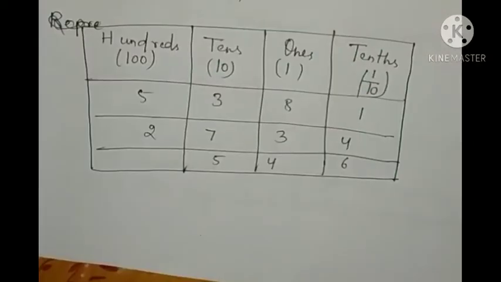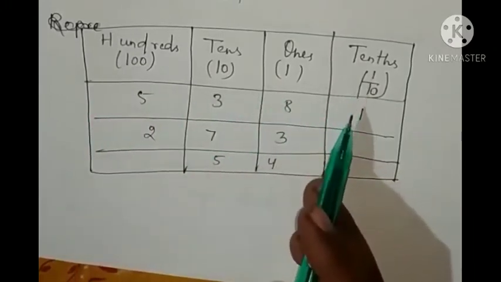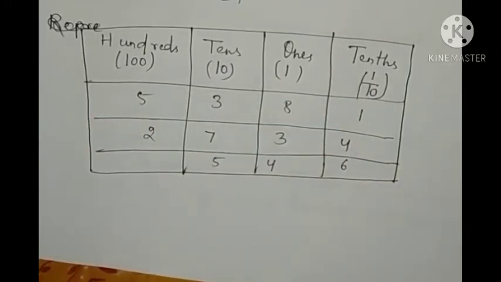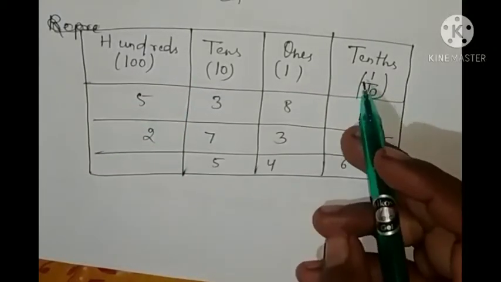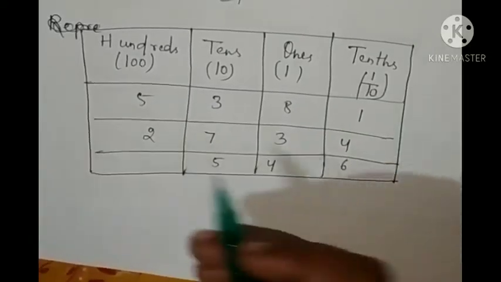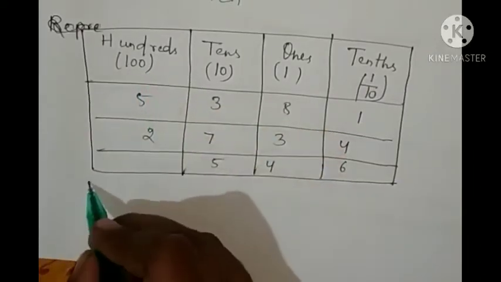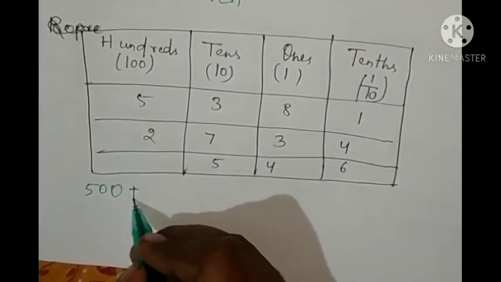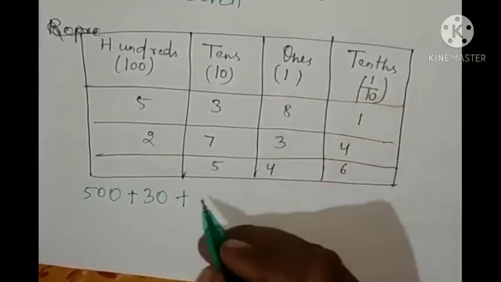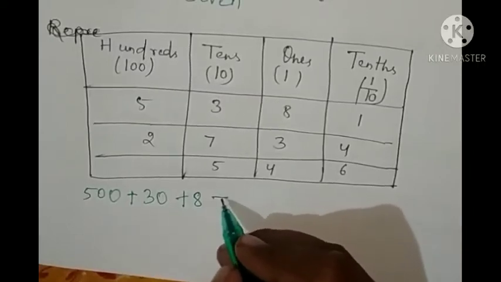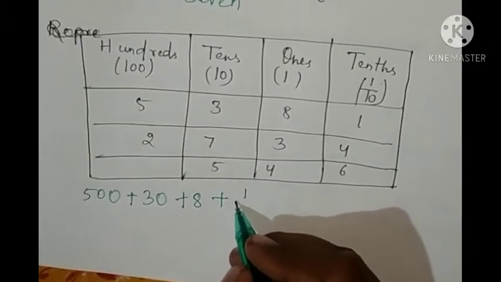Okay, now look here, numbers are given. Places are given, place values, and you have to write the decimal number. Each number is given in place value. Look, 5 is in the hundreds place, so 500, plus 3 in the tens place, 30, plus 8 in the ones place, 8, plus 1 in the tenths place, 1 by 10.